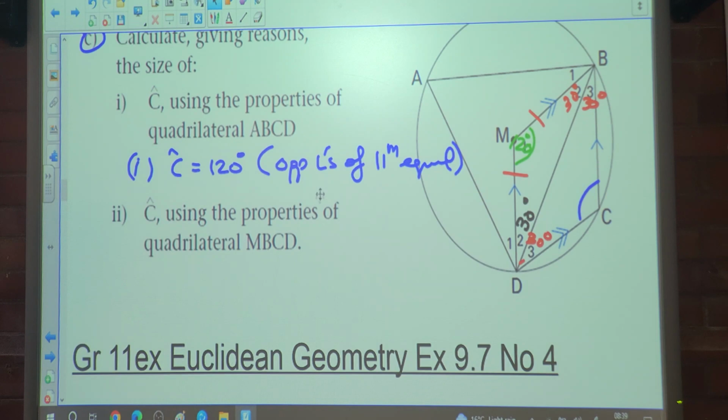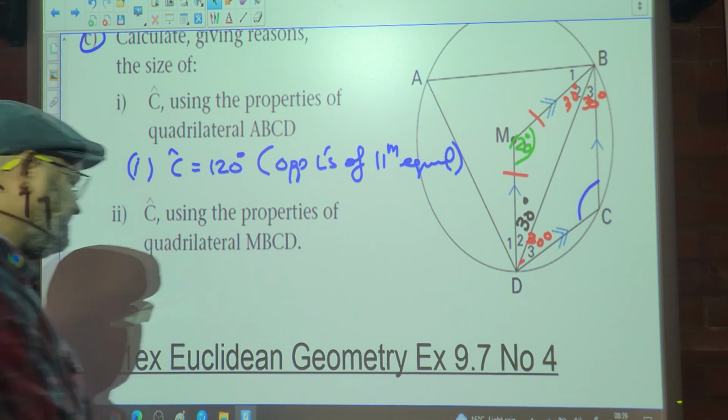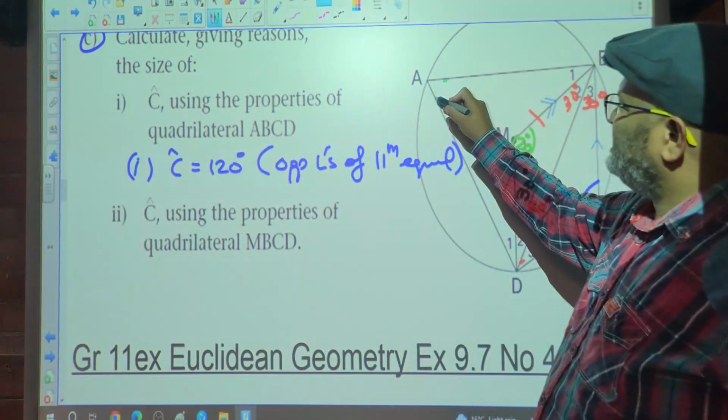Oh, sorry, I'm using it wrong. They say calculate with reason angle C using properties of quadrilateral ABCD. I was thinking parallelogram. Have I calculated angle A already? Yes, angle A is 60.